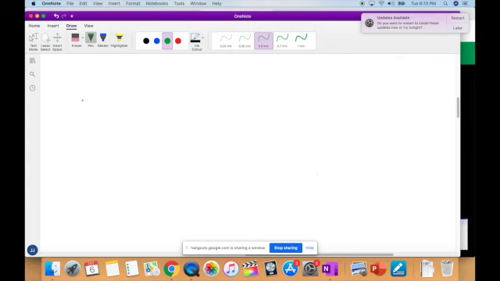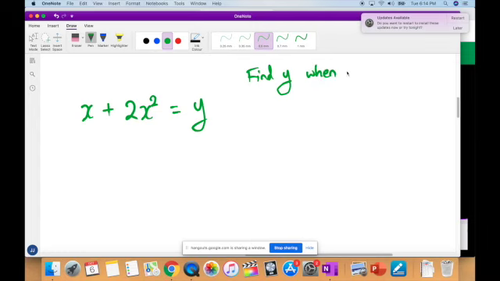So if I was to have, say, x plus 2x squared is equal to some number y, and I say find y when x equals 2, what do I do?